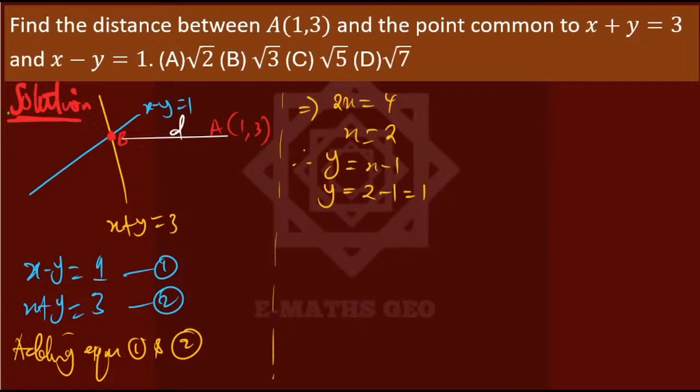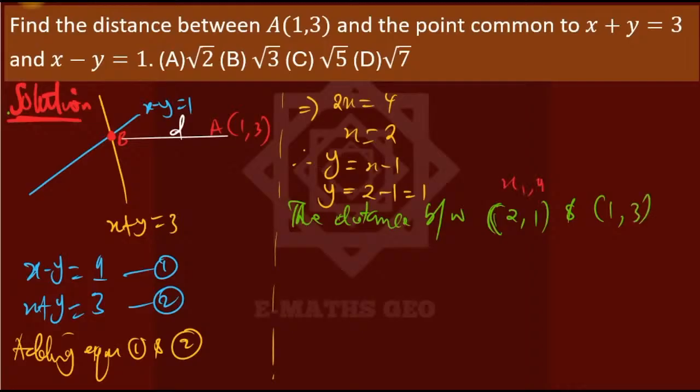So what we are looking for is now the distance between (2, 1), the point common to the two lines, and A, which is (1, 3). So we use this as x1, y1 and this as x2, y2.